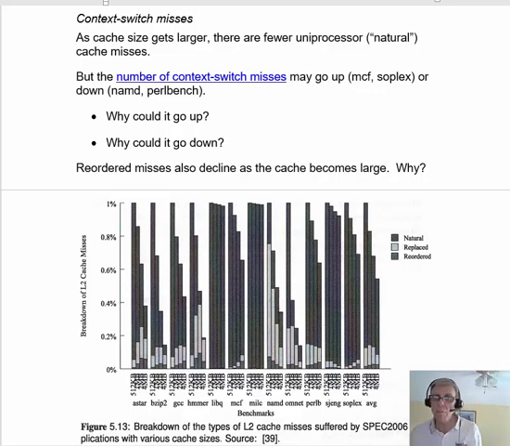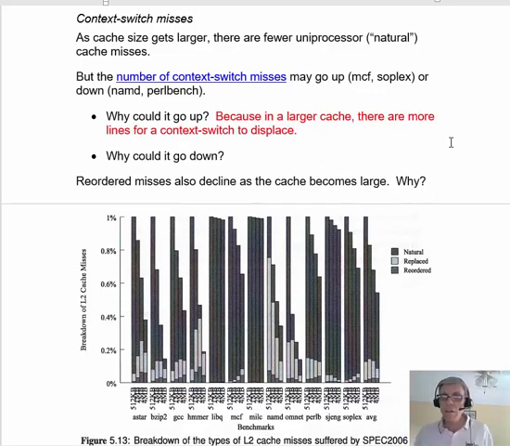By the way, these simulations were done by Dr. Solahin for the 2016 text, so they're much more recent. Why do misses go up? Well, because in a larger cache, there are more lines for a context switch to displace. So that means there are more lines to recover once you switch back to the original process.